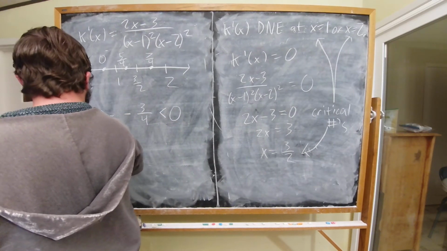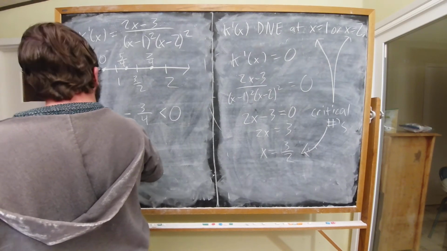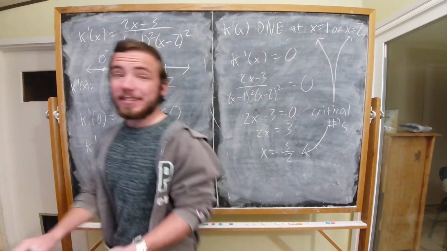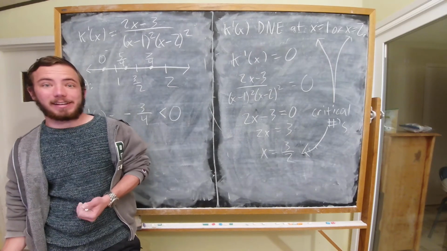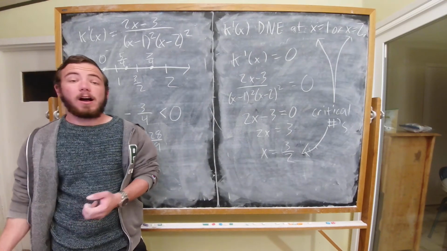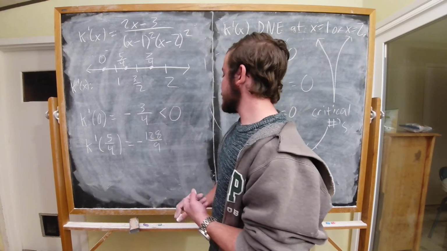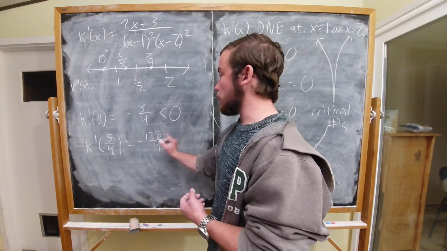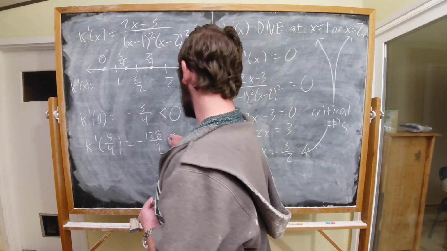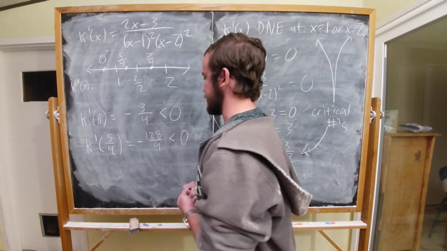K prime of 5 fourths would be, I'm going to pause it, compute that off screen, and then get back to you guys. Alright, so what you hopefully did with the calculator, and I did by hand, k prime of 5 fourths is negative 128 divided by 9, which is, again, less than 0.